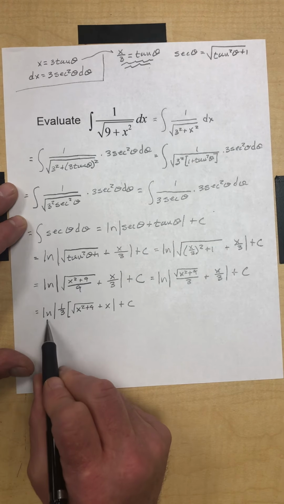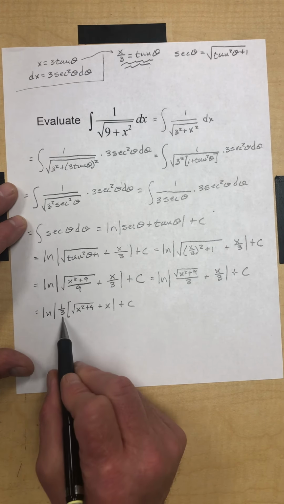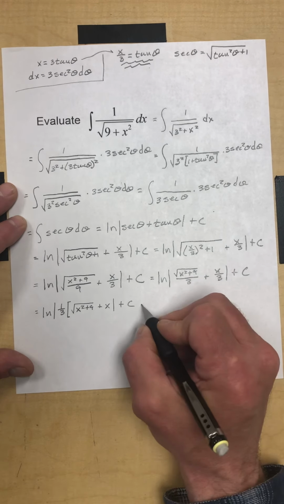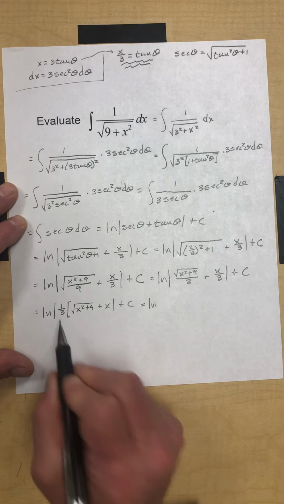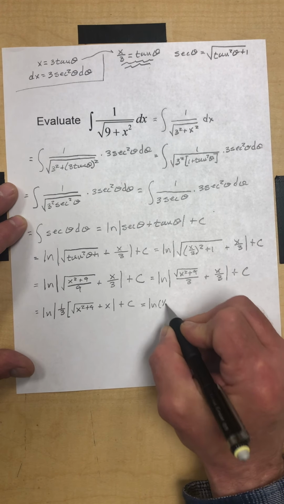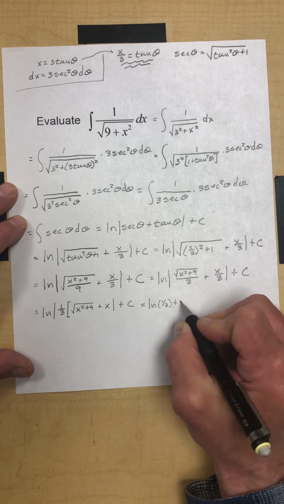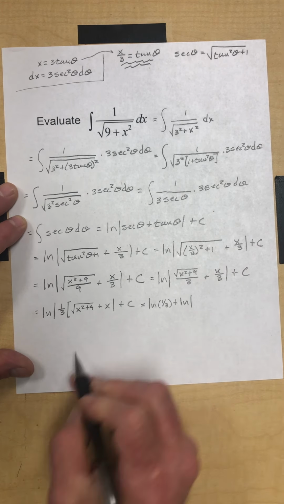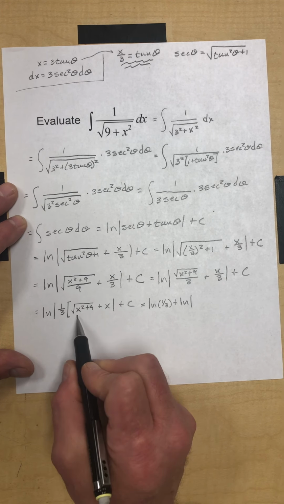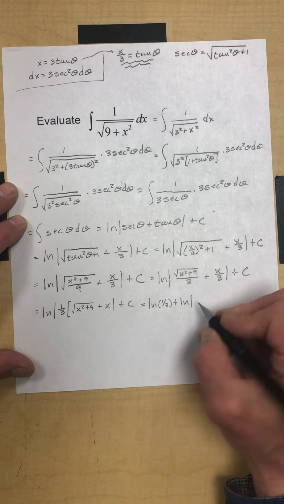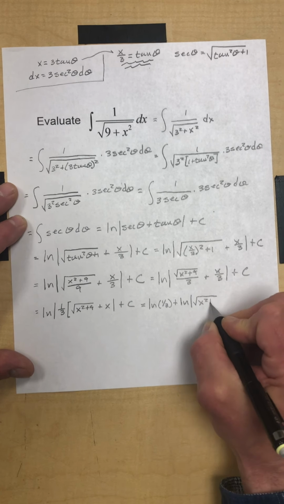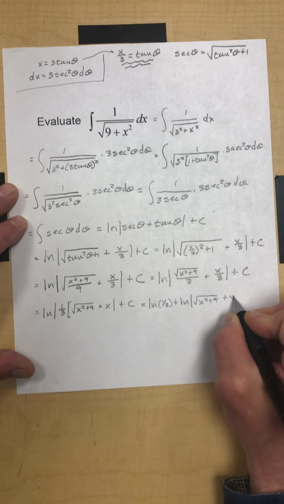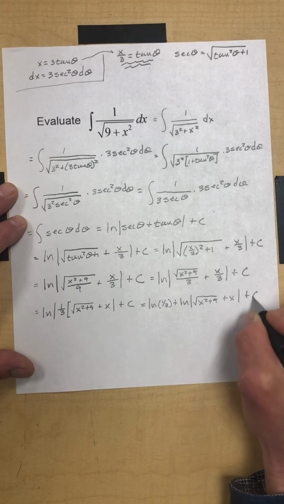And notice I have the natural log of a product, so I can use the product rule. That would be the natural log of the first factor, 1/3, plus the natural log of the second factor, which would be the absolute value of the square root of x squared plus 9 plus x, plus c.